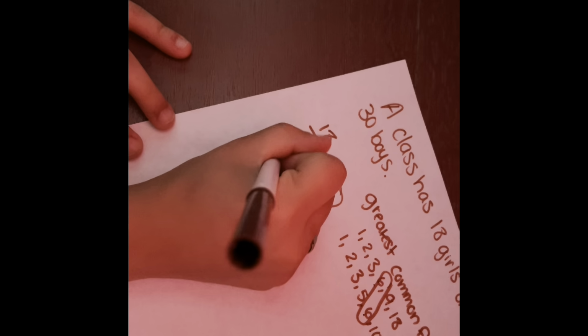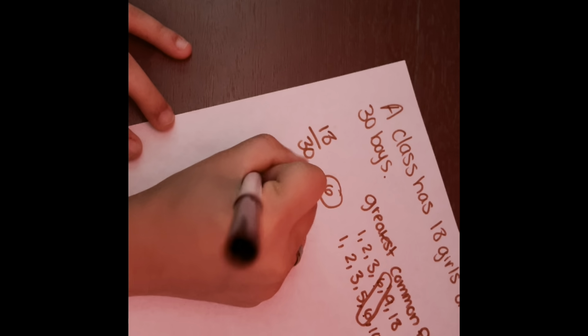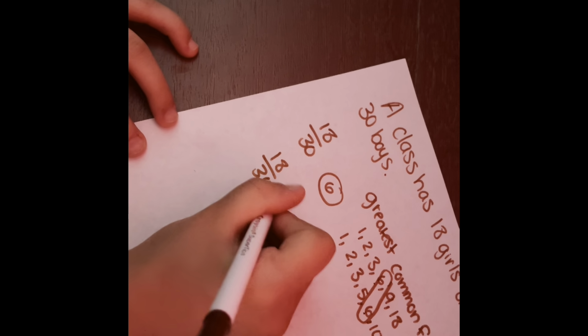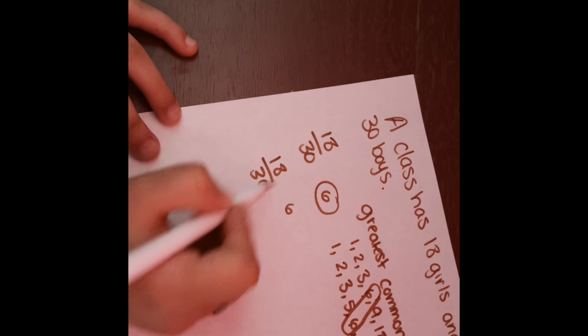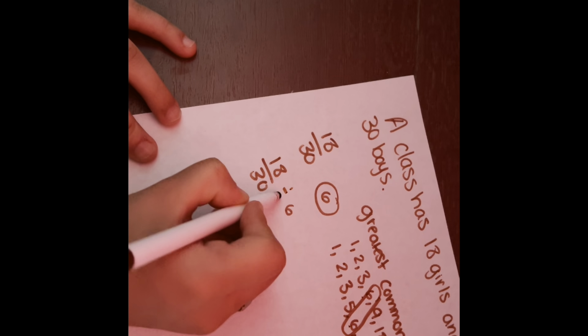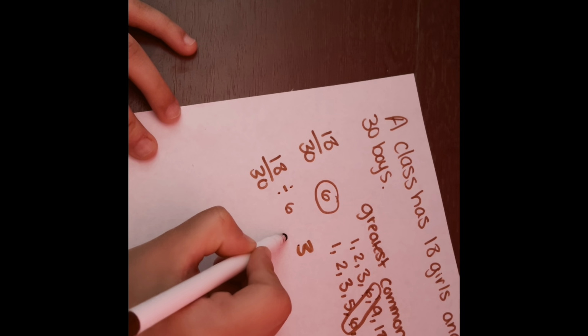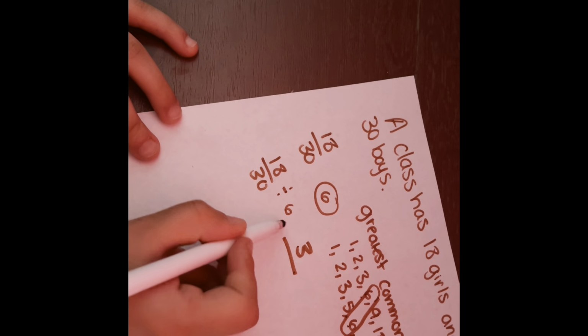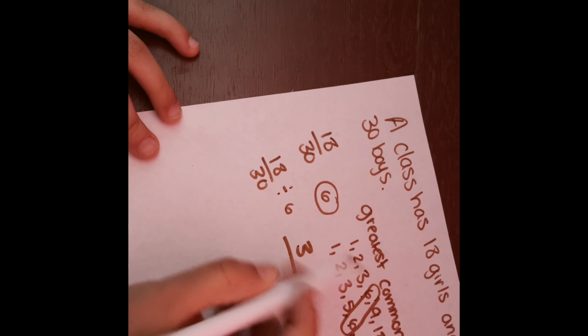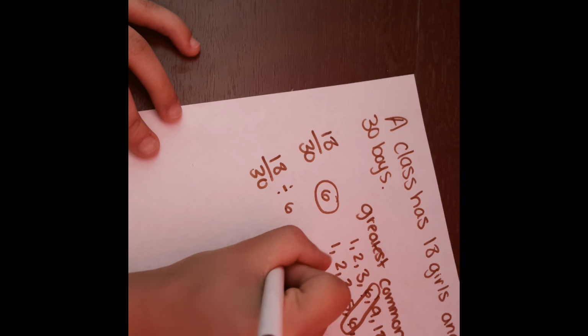So what we do now is 18 over 30, and the greatest common factor is 6. So we divide 18 by 6 and we get 3, and then 30 divided by 6 equals 5.